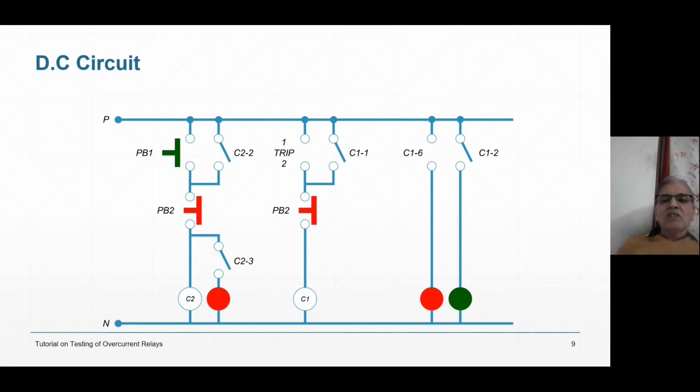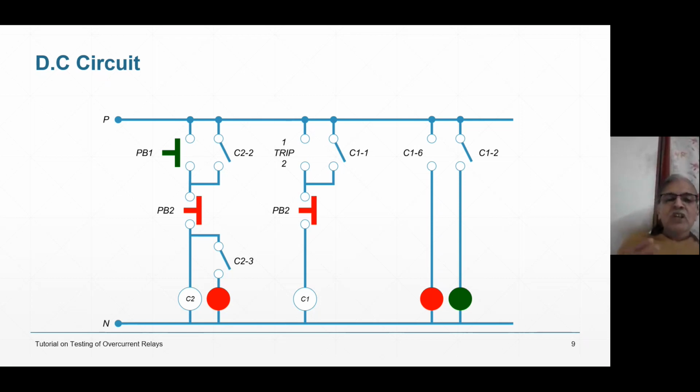What do we do for our experiment? Push the push button PB1. You will have to purchase this. It is an NO push button and it is spring loaded. Spring loaded means if you push it, the contact will be on; if you leave your hand, it will be off automatically. PB2 is an NC button.